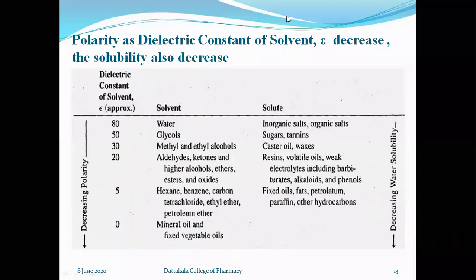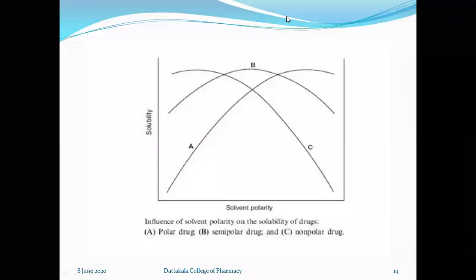If we look toward this graph, it will indicate, if you plot the solubility on the y-axis and the solvent polarity on the x-axis, as the polarity increases, solubility increases, and this is observed in the case of the polar drug.